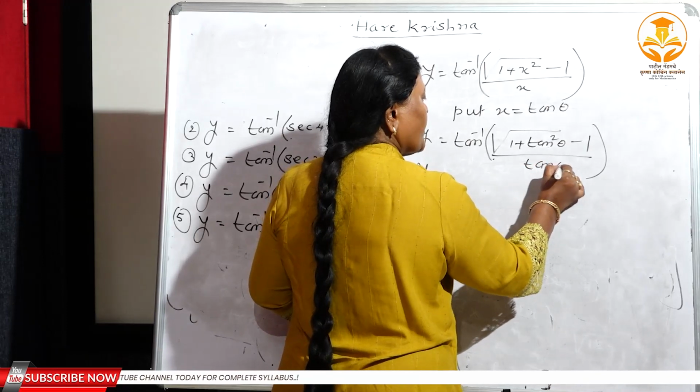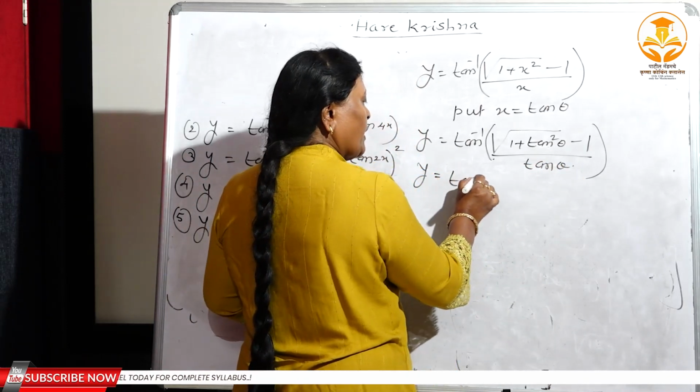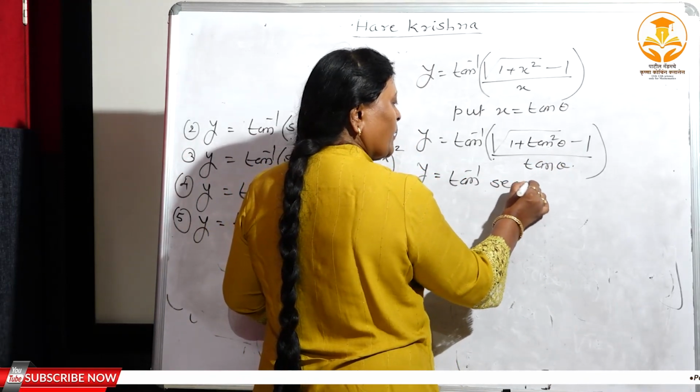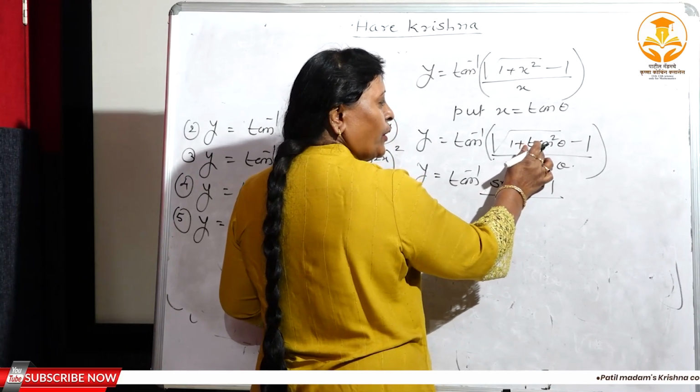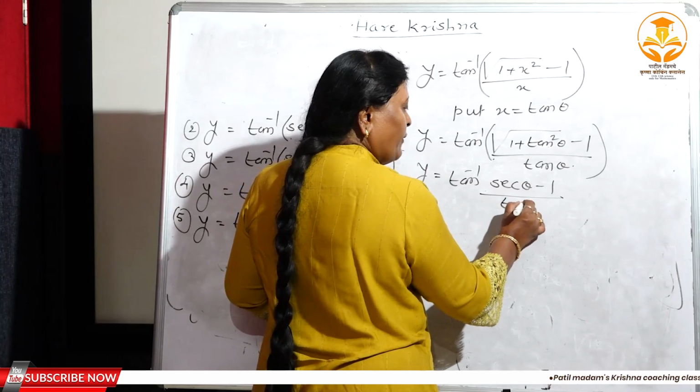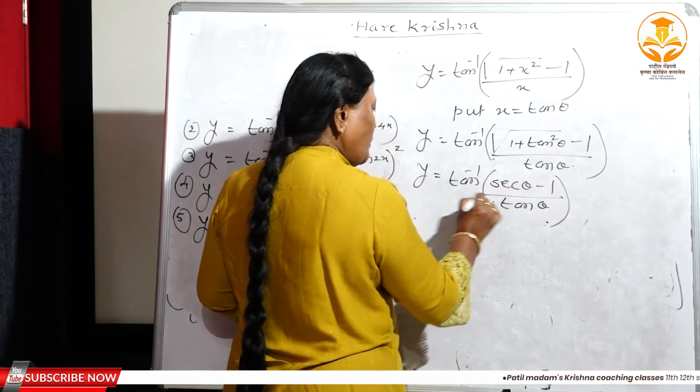Now 1 plus tan square theta is equal to sec square theta, means here you have got sec theta, and here you have got sec theta minus 1 divided by tan theta. Again make the conversion.